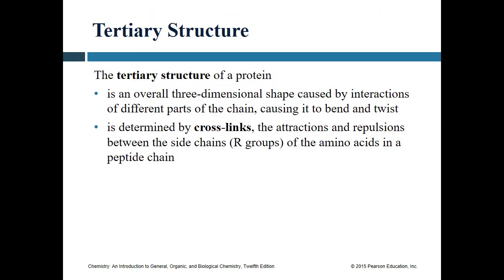There is a third structure. The third structure is called a triple helix, which really only forms in a couple of examples. Collagen's kind of the most common of them.